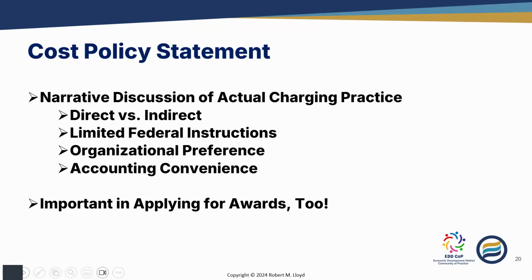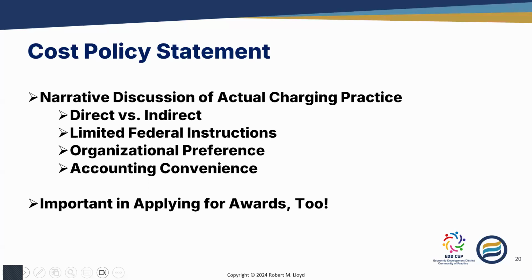This is one of the reasons why earlier in the presentation I said that it's not particularly useful to compare indirect cost rates from one organization to another. And the reason that it isn't is because organizations choose to charge something directly or indirectly based on a variety of factors.